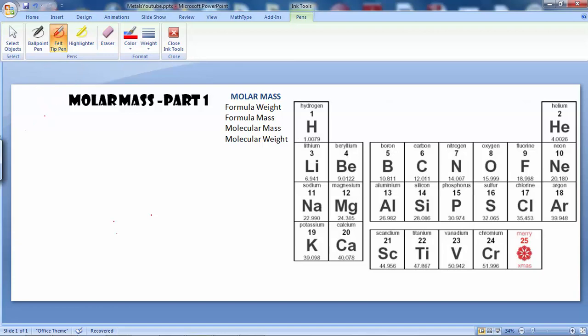Let's try this compound. Let's say we have Fe2(Cr2O7)3.